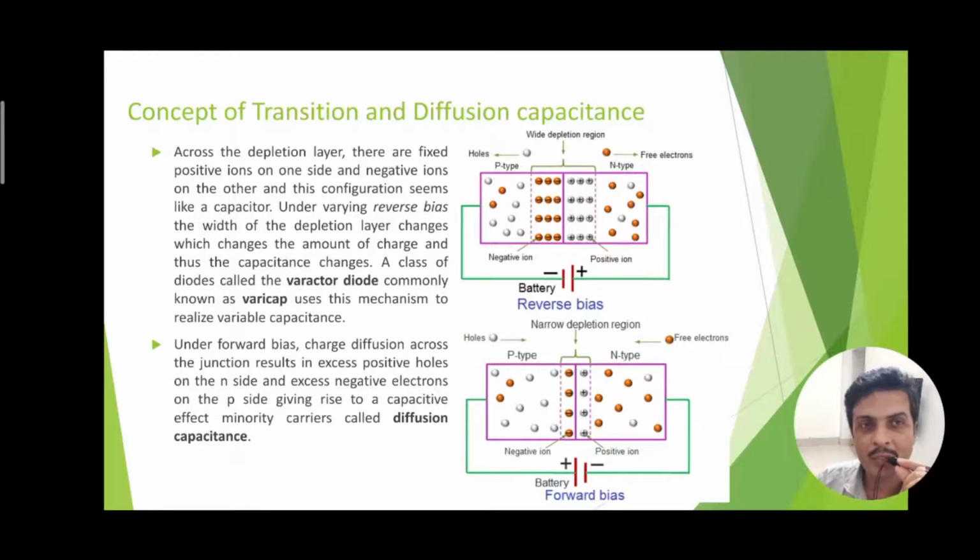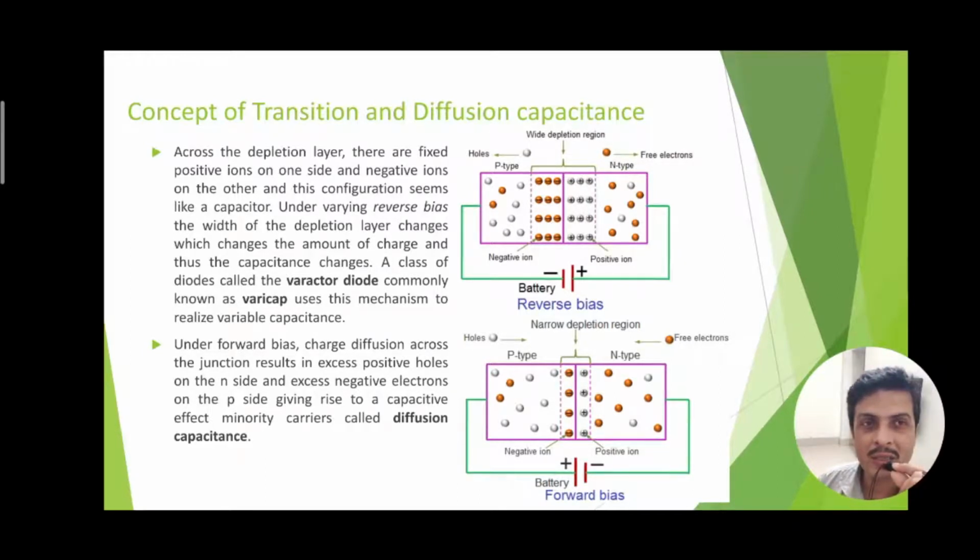Therefore the width of the depletion region reduces because the acceptor and donor ions are covered more and more with holes and electrons respectively. So reduction of the width of the depletion region may reduce the amount of capacitance.